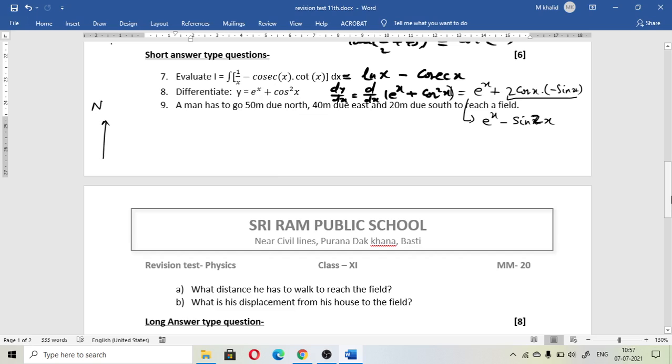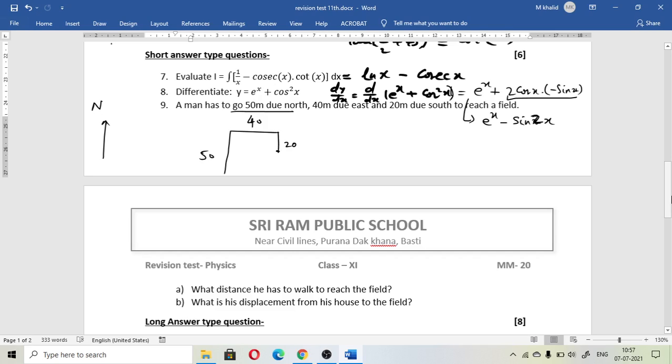Now the man is going 50 meter due north, then 40 meter due east, east will come on the right, and then 20 meter due south.